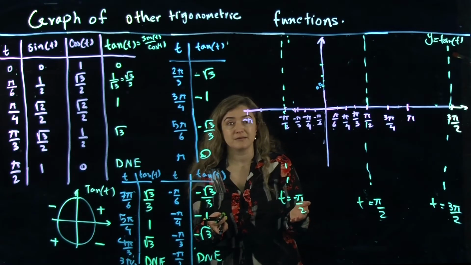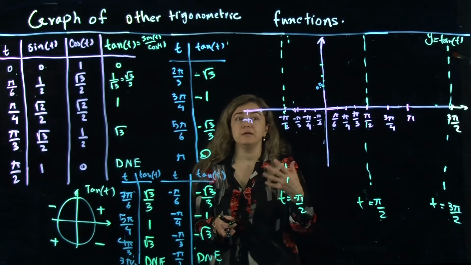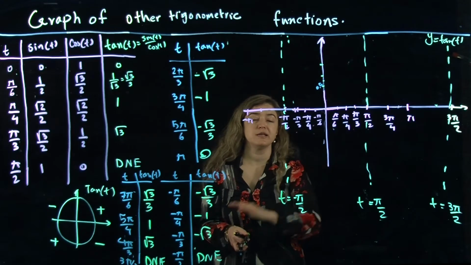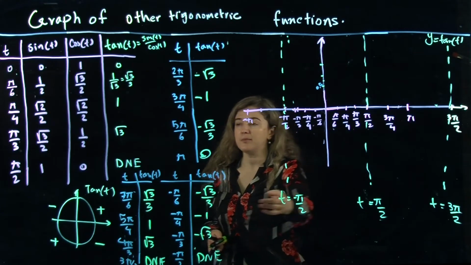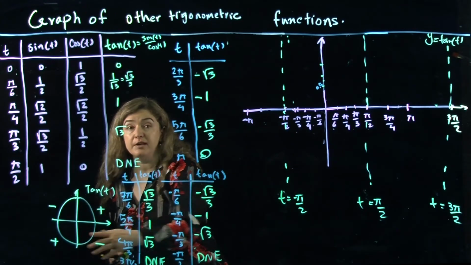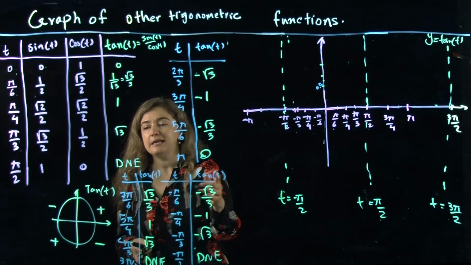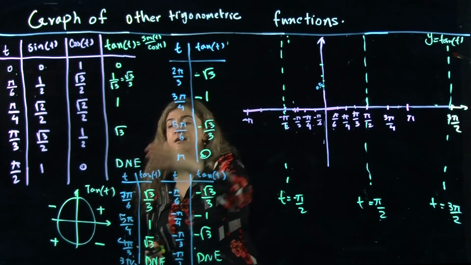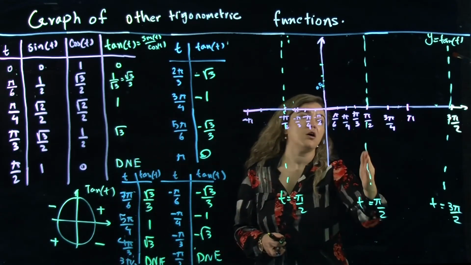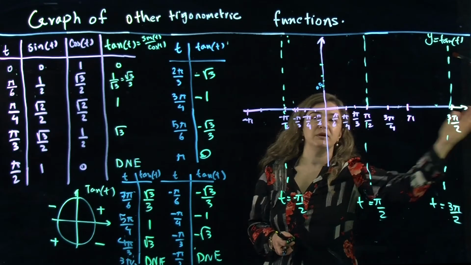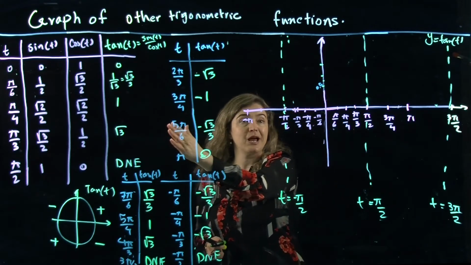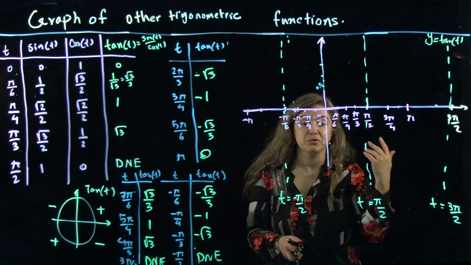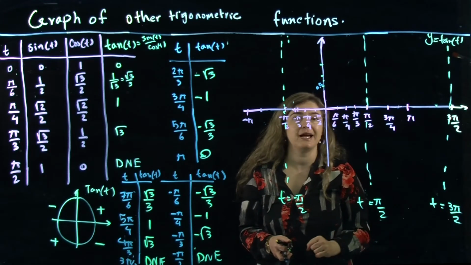Those are the vertical asymptotes. And now I can plot a few points and stay away from those lines. By the way, how many times do I go over here? Infinitely many times. It seems like after every pi, tangent of t repeats. So if you add pi to any of these or subtract pi from any of these, you end up with other vertical asymptotes, and infinitely many of them, in fact.